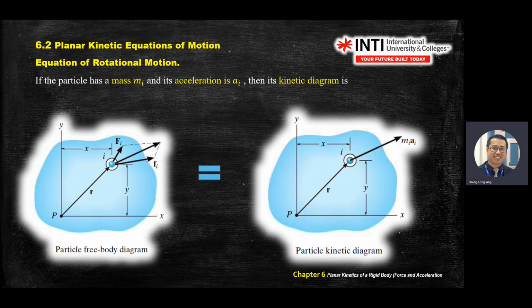Make sense? Later you will see one more, not new, but a new presentation of the answer: all the moment in the free body diagram equals all the moment in the kinetic diagram. You write this, and it refers to your free body diagram and kinetic diagram.